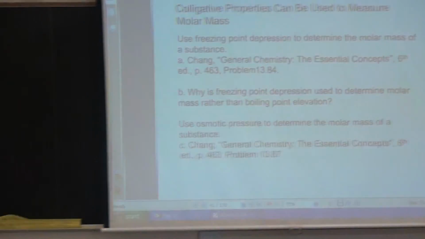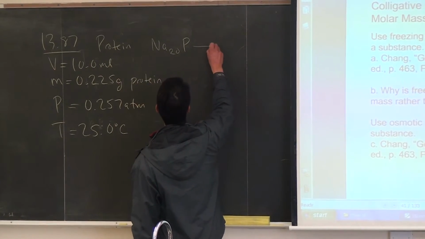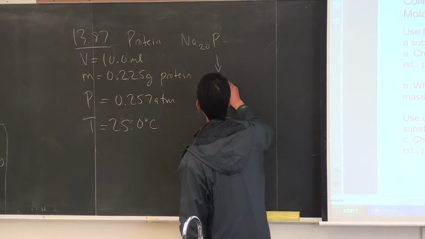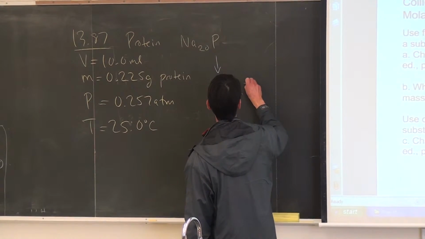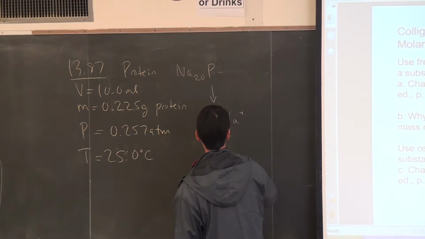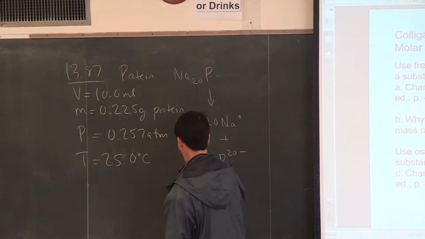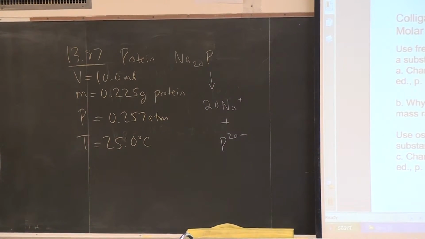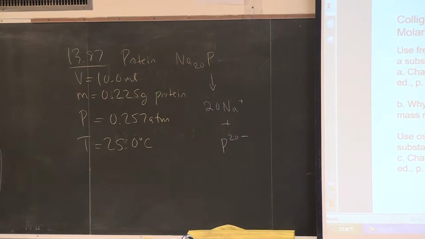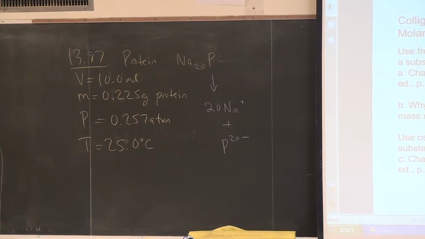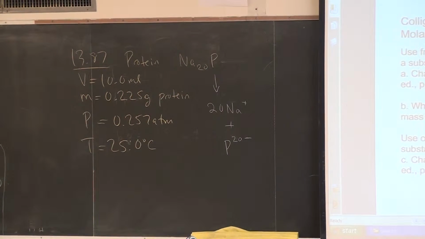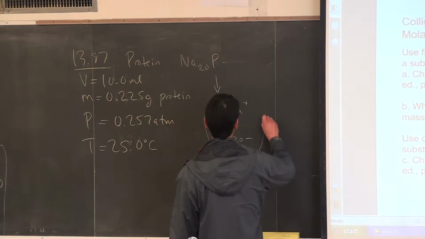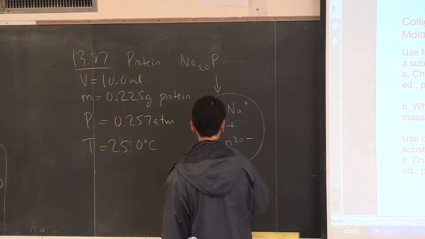That means this dissociates into 20 sodium ions and a big protein molecule which has a charge of minus 20. So based on this, can we figure out what the i value is? George? Yeah, 21. If you add these numbers, there's 21 particles in solution, so i equals 21.